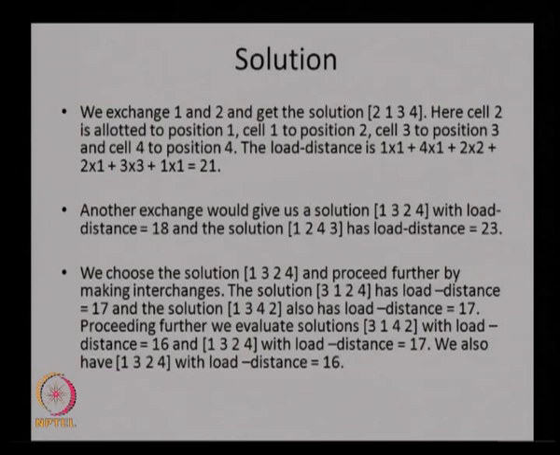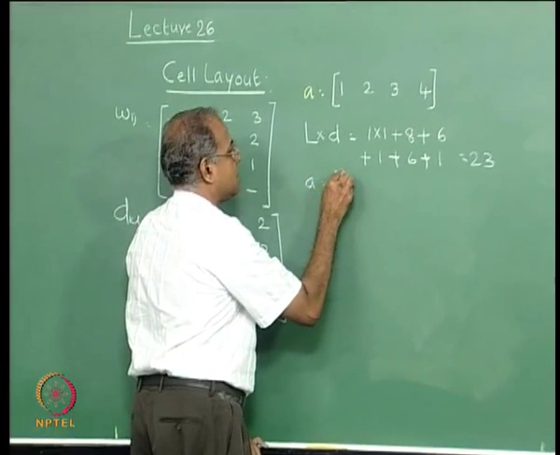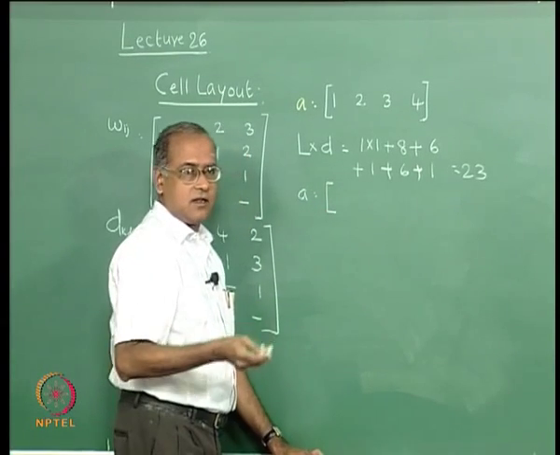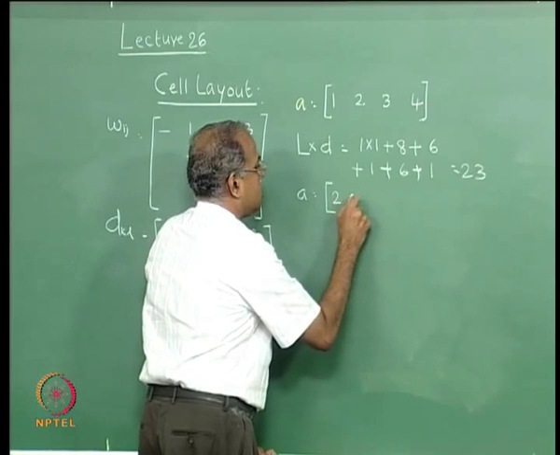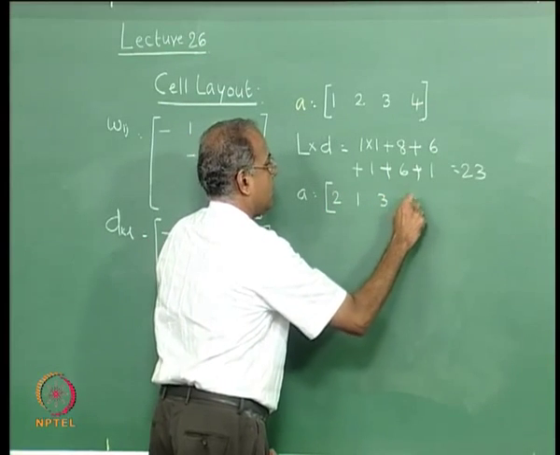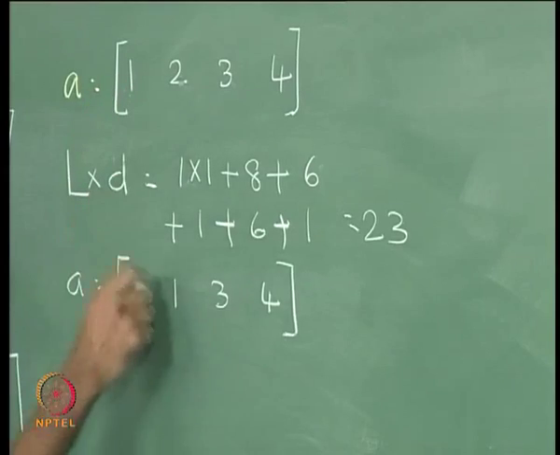Now, we use an interchange algorithm and evaluate a solution. We could interchange 1 and 2 and we get 2 1 3 4. These two positions are interchanged.